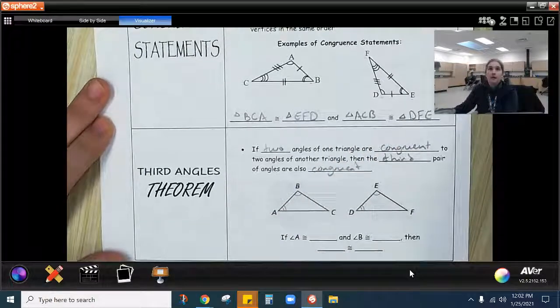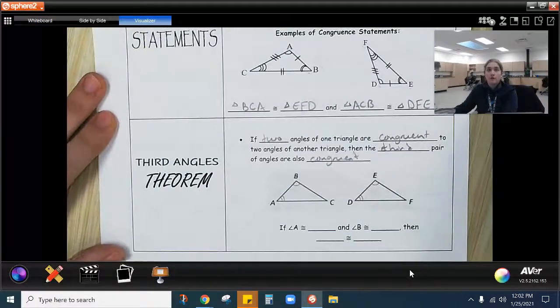All right, so if two angles of one triangle are congruent to two angles of another triangle, then the third pair of angles are also congruent.